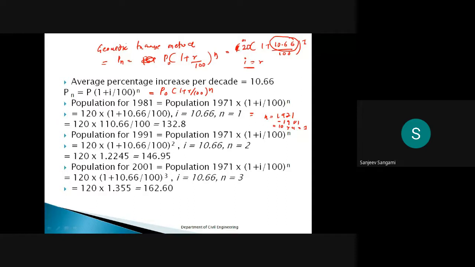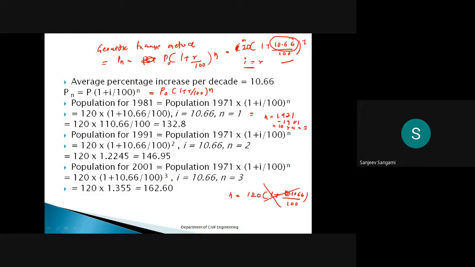Sometimes they write it as 0.1066 and again divide it by 100. It is wrong. Many students write 120 into 1 plus 0.1066 and again divide by 100, then they go wrong. So whenever writing, you write it the second way.